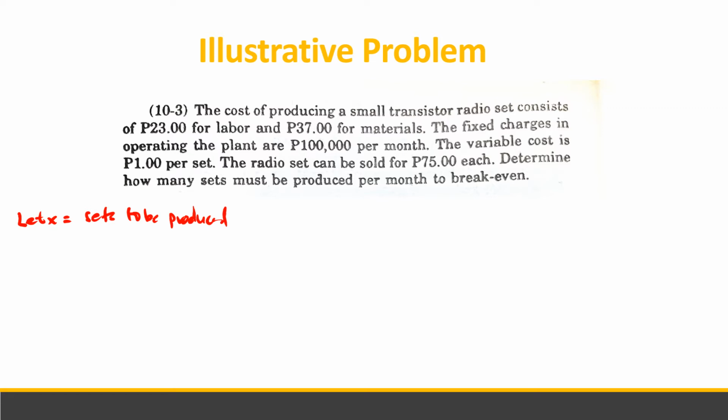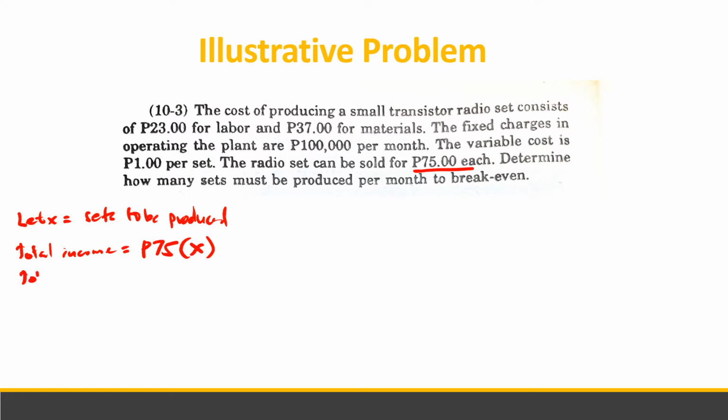So next is the total income or revenue. So we have here 75 pesos each if ibebenta yung radio set. So 75 pesos per set multiplied by the sets na i-determine natin. So that is the total income.